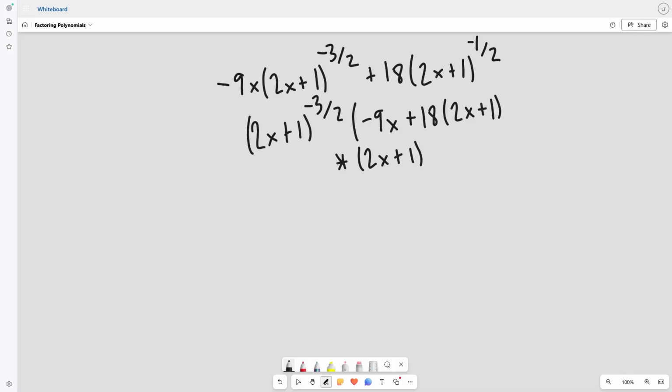Basically what we're doing here is we're taking 2x plus 1 to the negative 3/2 out of 2x plus 1 to the negative 1/2. In essence, we are dividing by that. So we will have 2x plus 1 to the negative 1/2 over 2x plus 1 to the negative 3/2.